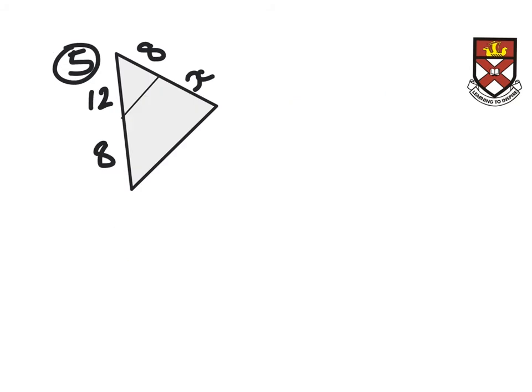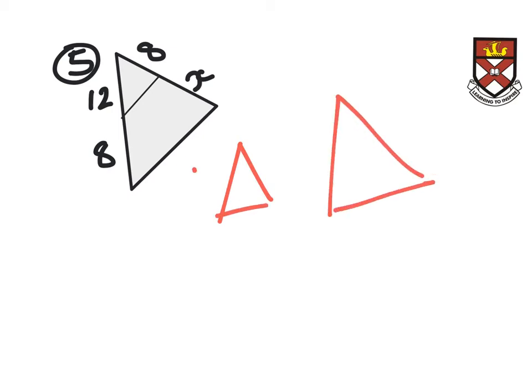Similar triangles, so let's split them up. Small triangle, big triangle. Small triangle is 12 on that side, 8 on that side. Big triangle, 20 on that side, and x add 8. We're going to set up the ratios.